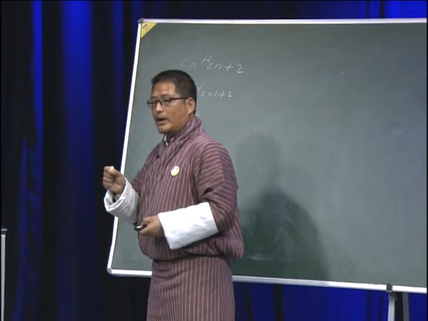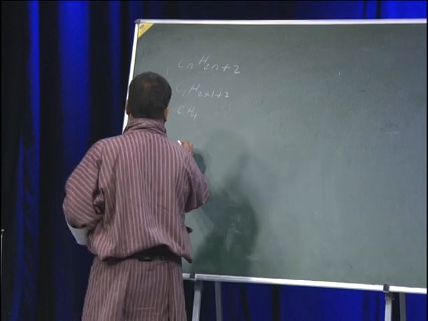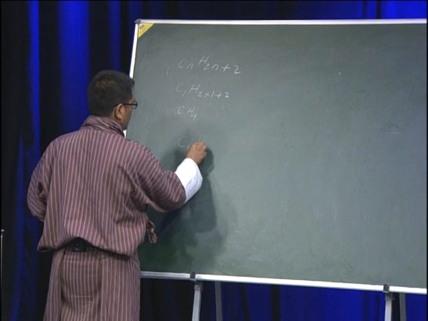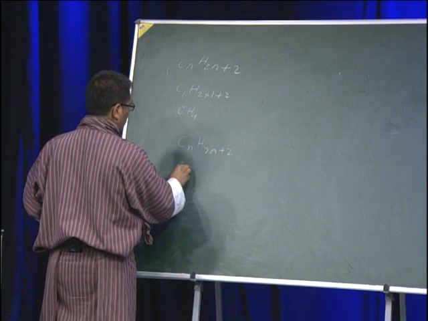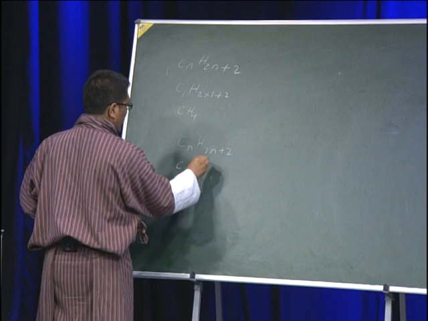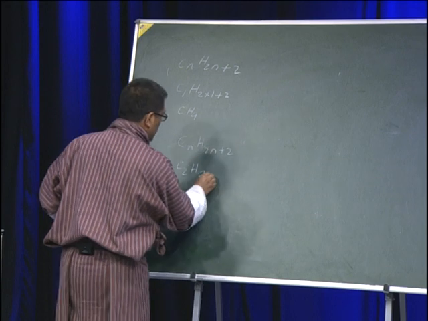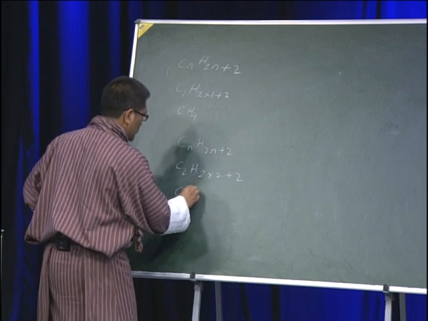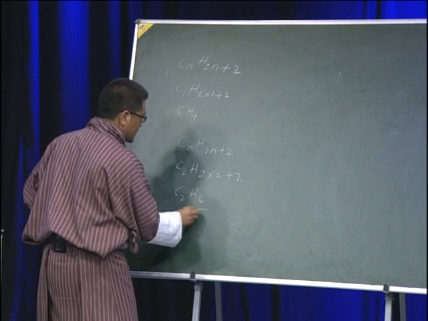Using the same formula here, when n is equal to 2, H should be equal to 2 times 2 plus 2, that is 6.